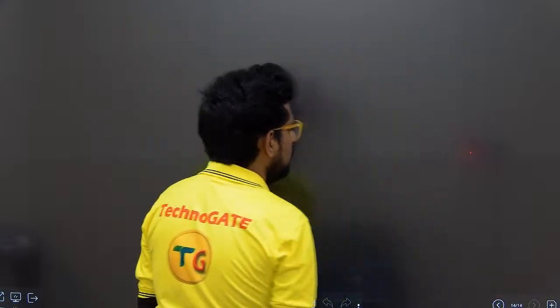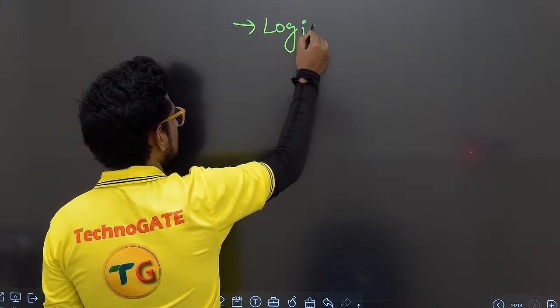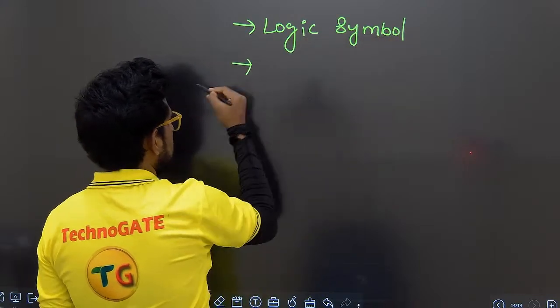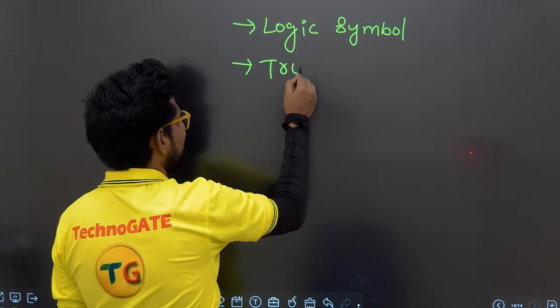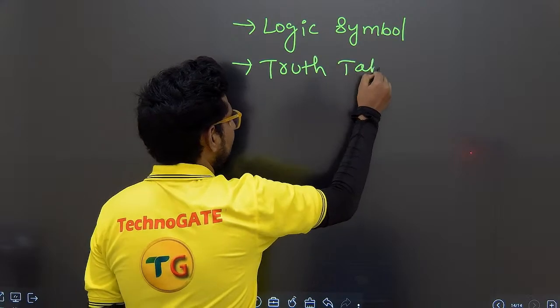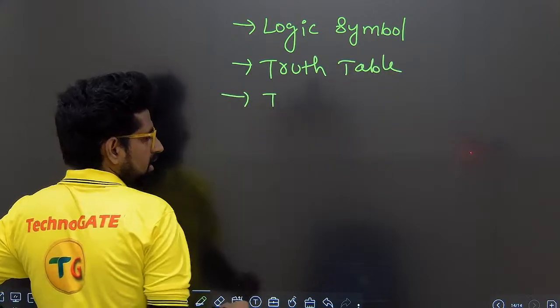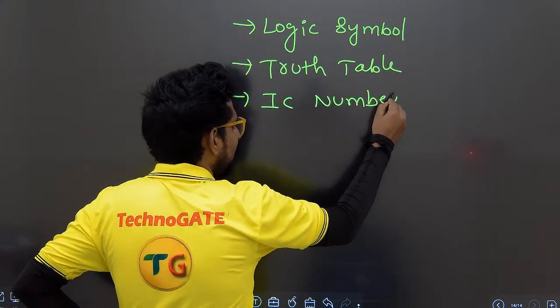So far, the first one I discussed is the logic symbol of AND gate. Second, the truth table of AND gate. Next, the TTL logic, that means the IC number of AND gate.